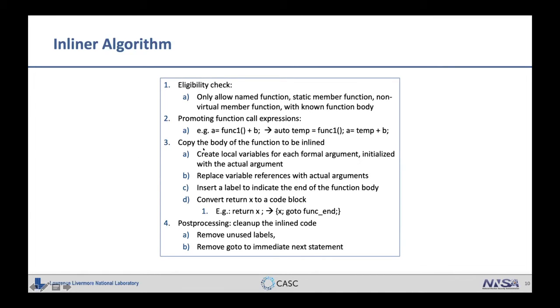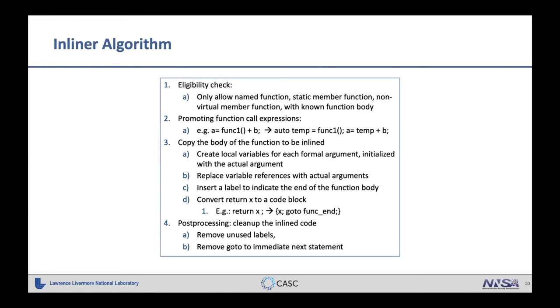And the third step is the majority of the transformation in terms of inlining, and we write tools to copy the body of the function to be inlined and replace the original function call with the body, and also replace the variable references with actual arguments.